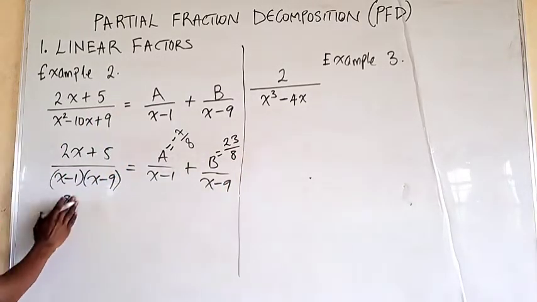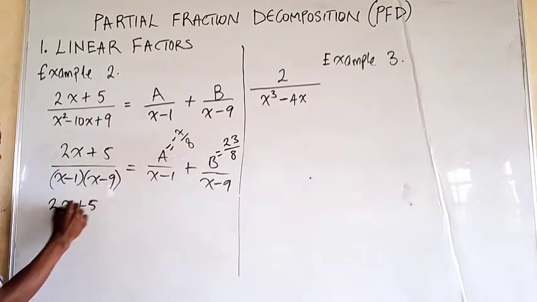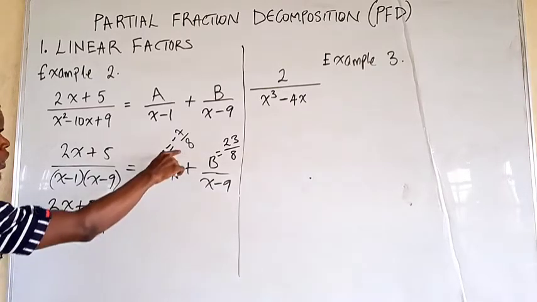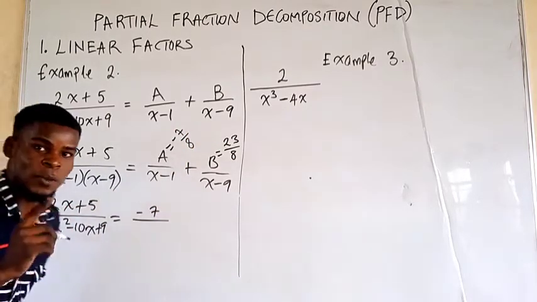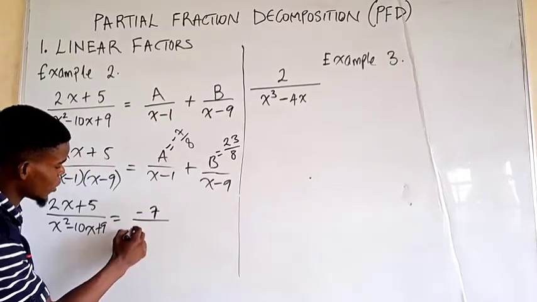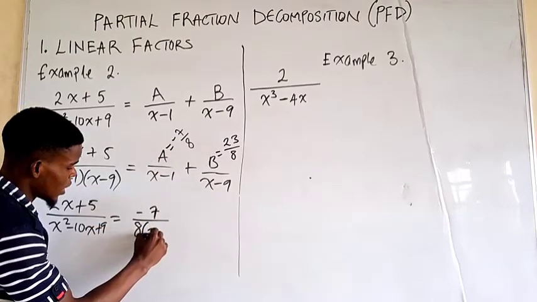All in all, we're going to see that this fraction 2x plus 5 divided by x squared minus 10x plus 9 is equal to negative 7 over, like we did the other time, don't waste time to put it on top like that. Just put this 8 down here and multiply it with this one, x minus 1.